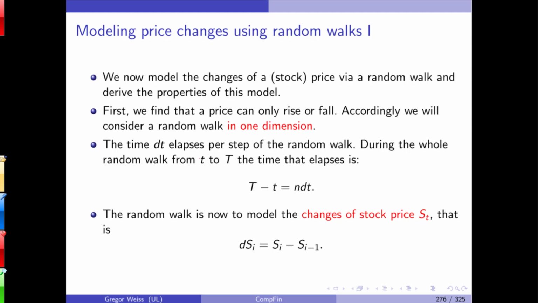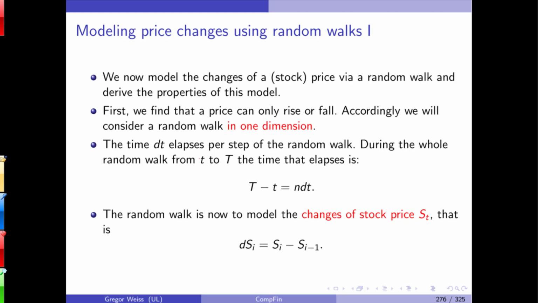Okay, so we're trying to use a random walk. What are we doing? We're still trying to find a model for the time evolution of stock prices. So one could think about using a random walk in one dimension. Stock price can go up, can go down. Okay, let's try that. We have a change in time. Time goes on and time elapses per step of the random walk, and the time that elapses is dt.